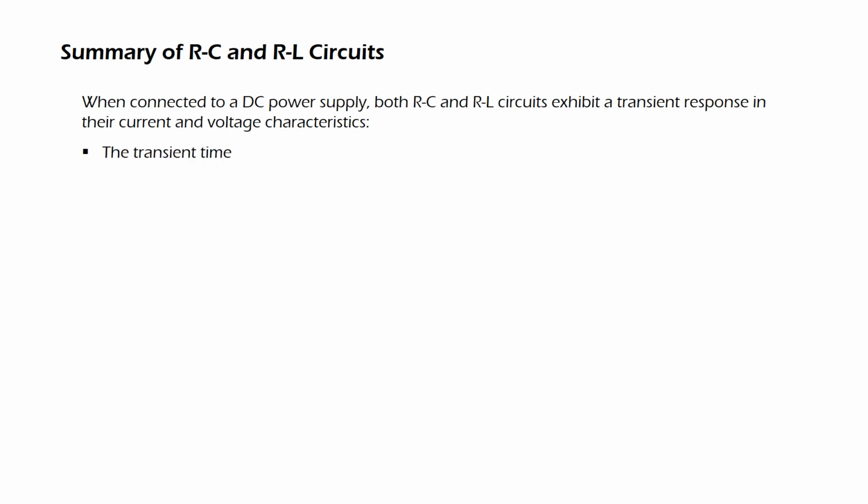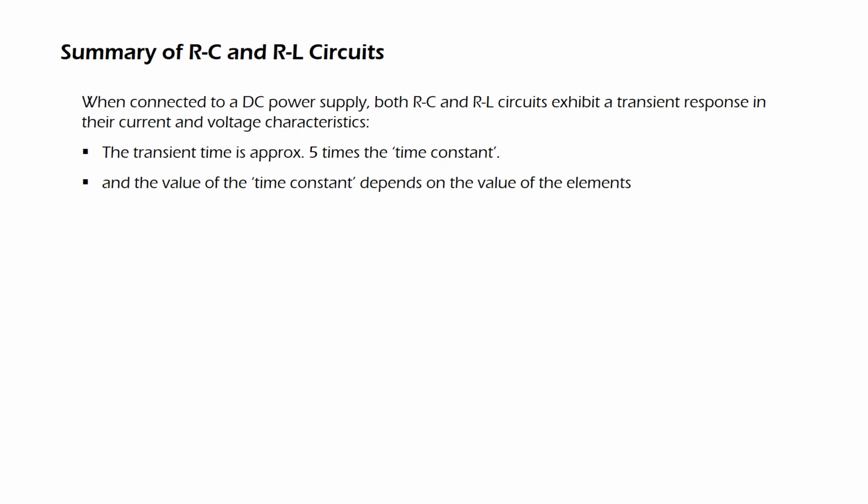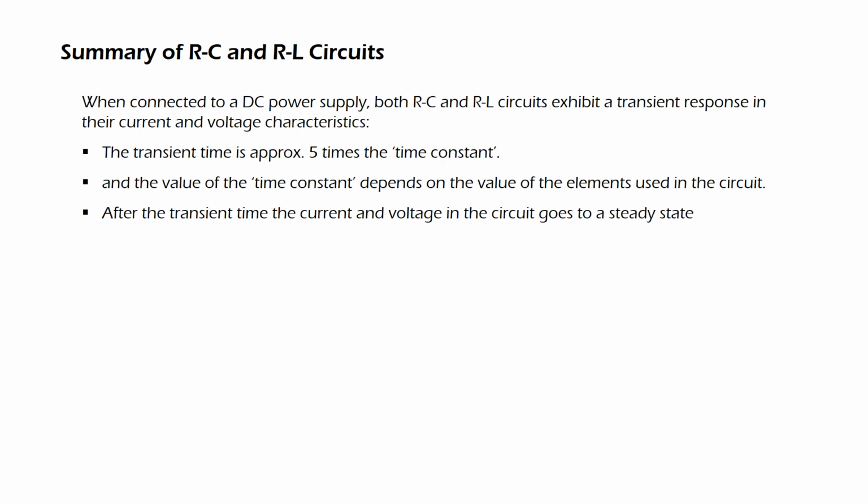The transient time is approximately 5 times the time constant, and the value of the time constant depends on the value of the elements used in the circuit. After the transient time, the current and voltage in the circuit go to a steady state.